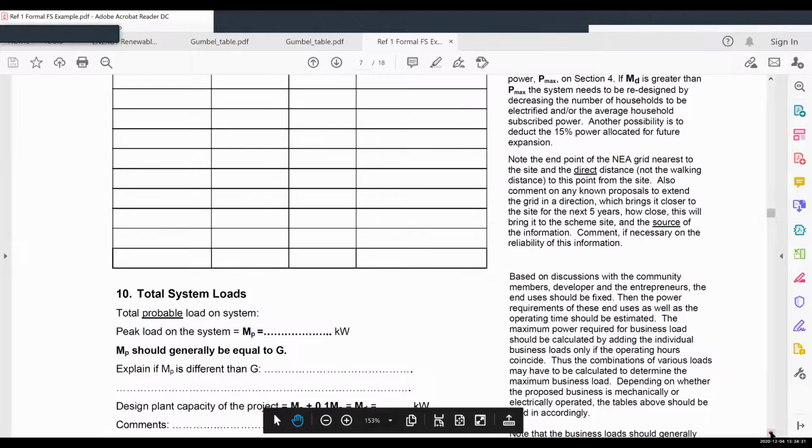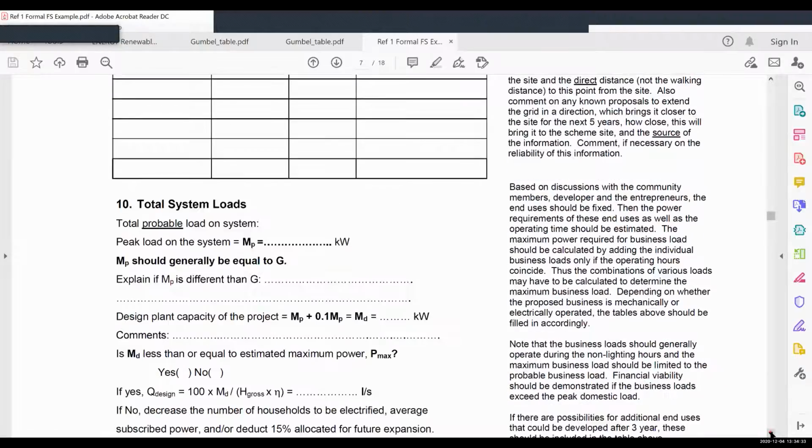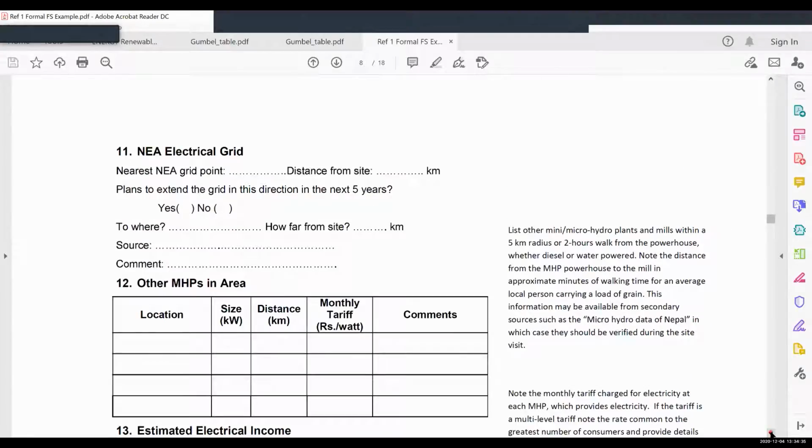Then you will get the total system load. Now over here, I call it NEA, but here you should say EDM, so you should convert NEA to EDM. Where is the nearest electrical grid? How far is the national grid?